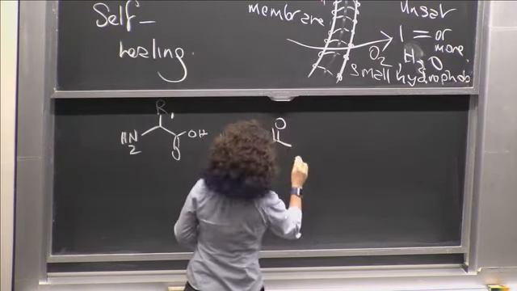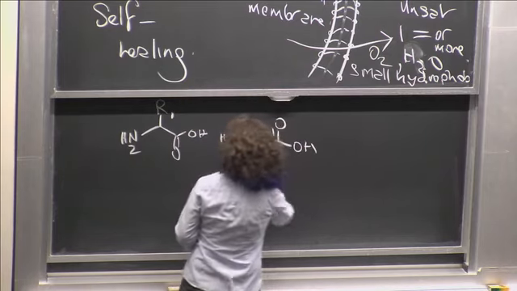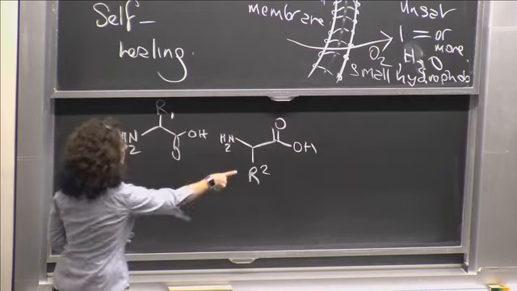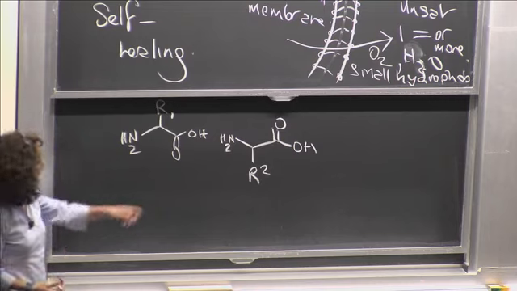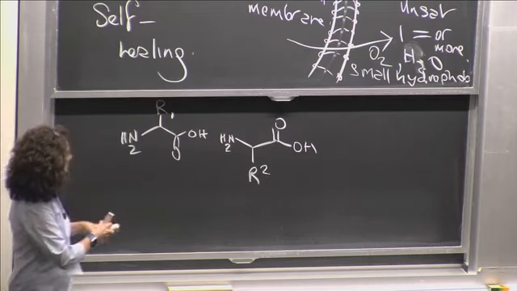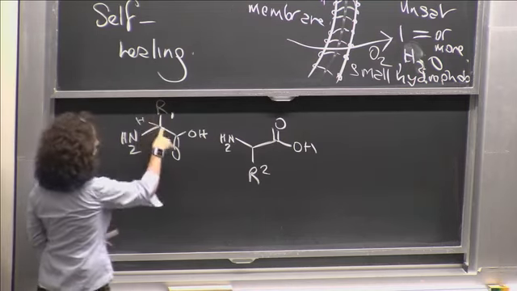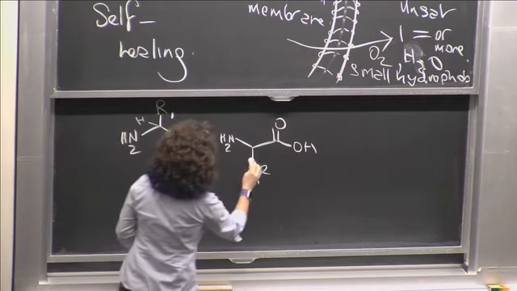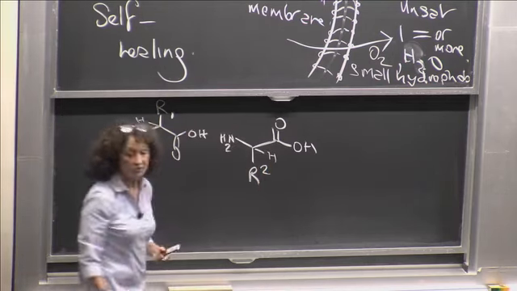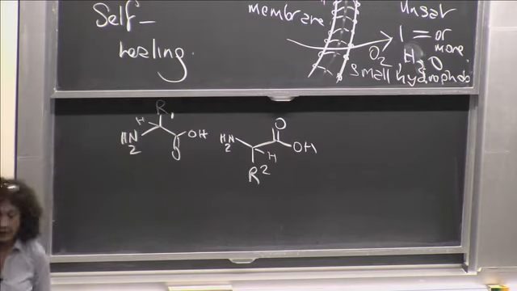R2, because that designates that these might be different amino acids. For example, if R1 is H, there's an implied hydrogen here, that would be glycine. If R2 is a methyl group, there's an implied hydrogen there, that would be alanine, all right?